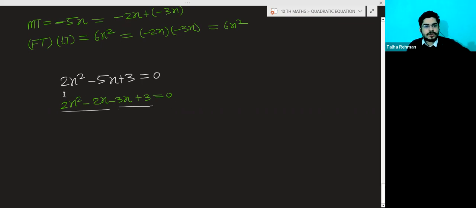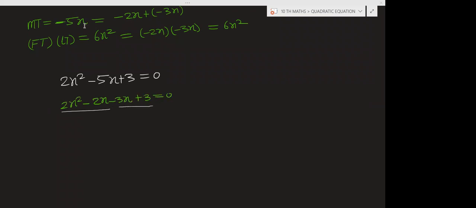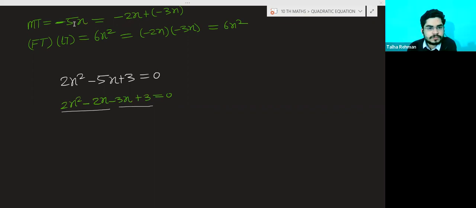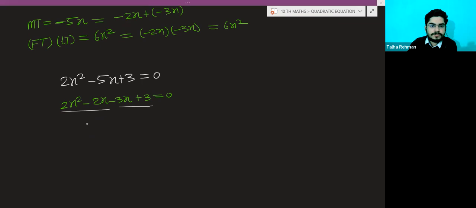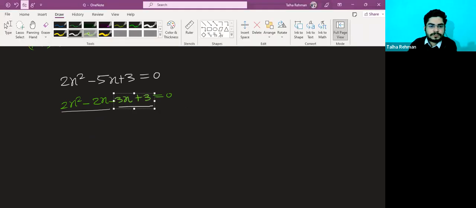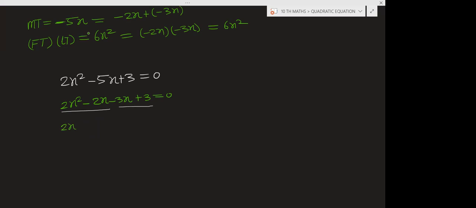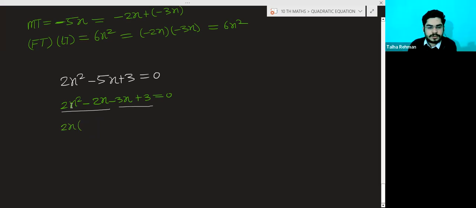So just tell me what we can take common from here. 2x. Yes, right. So we will take 2x common.